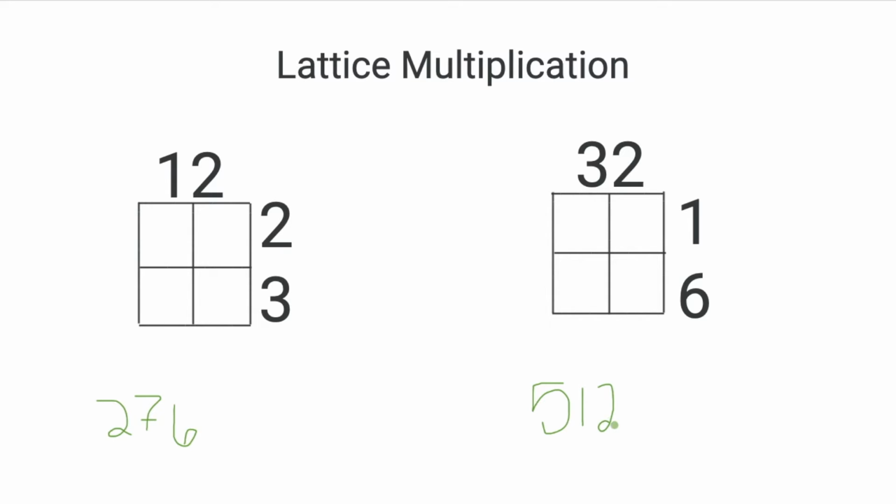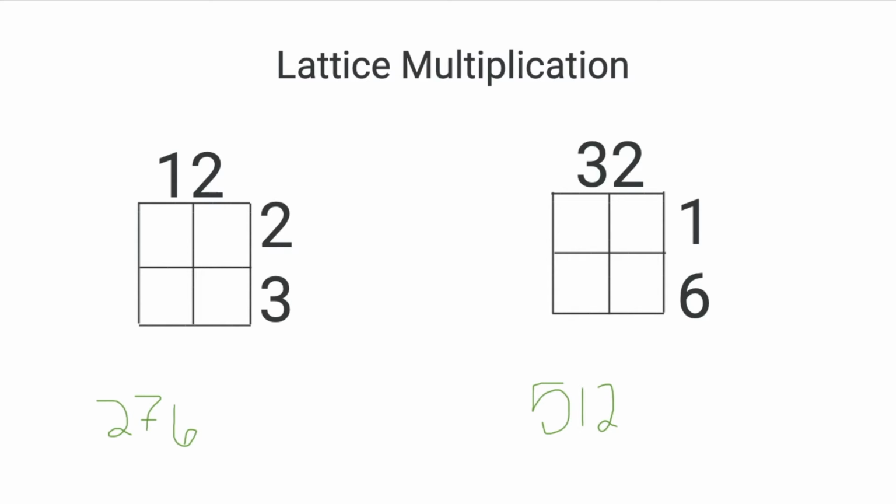So lattice multiplication has a little bit more to the setup. Your vinculum and your operation symbol go away, and it's replaced with this grid, this lattice, if you will. Your top factor, your first factor, goes on top. Your second factor goes on the side.